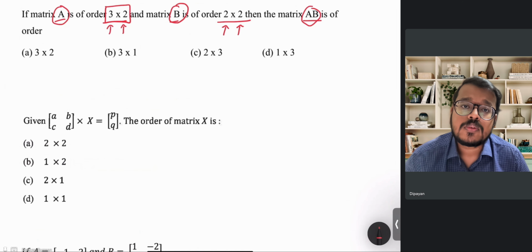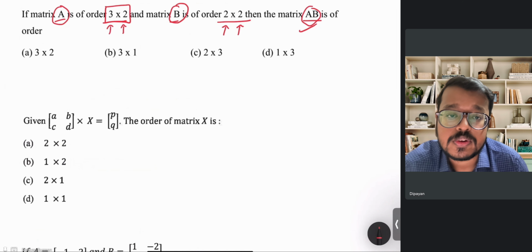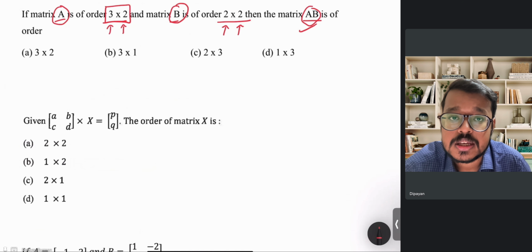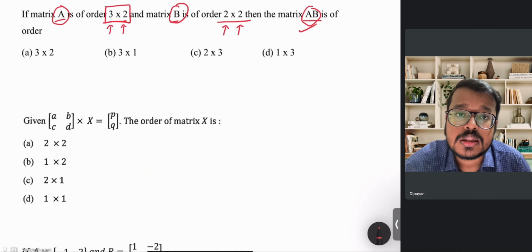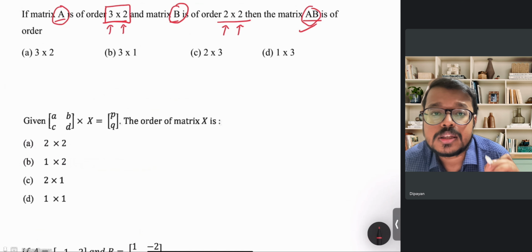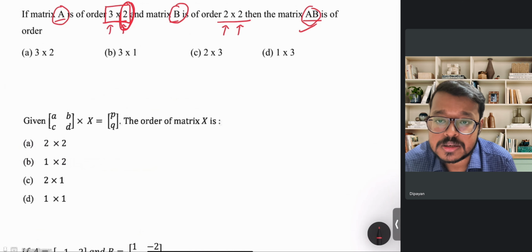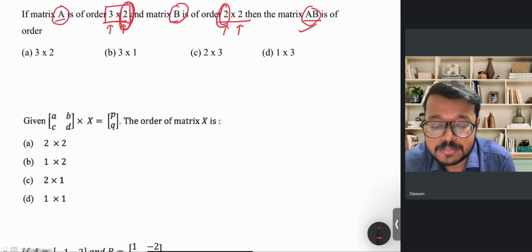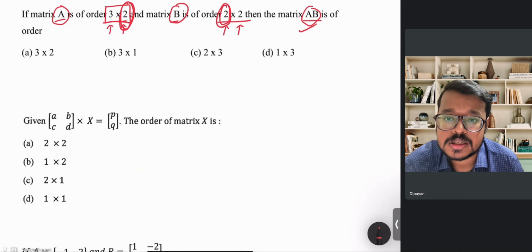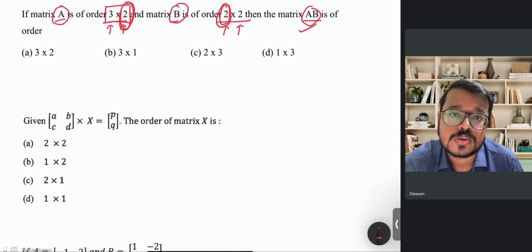Now, whenever we need to multiply matrices, which is A into B, when we are multiplying matrix A with matrix B, the compatibility condition is that the number of columns of the first matrix should be equal to the number of rows of the second matrix. And here it is true, the matrix A has 2 columns and matrix B has 2 rows.